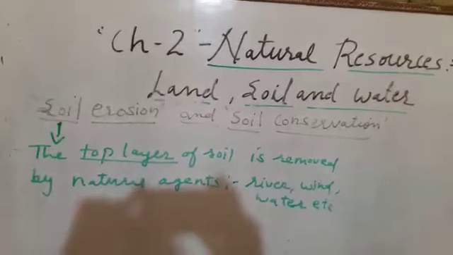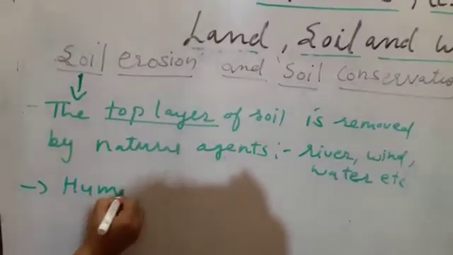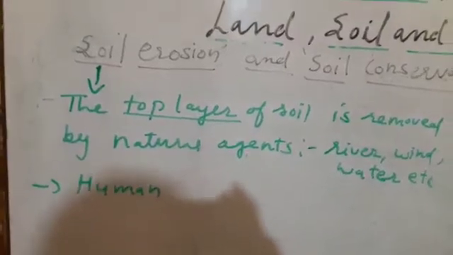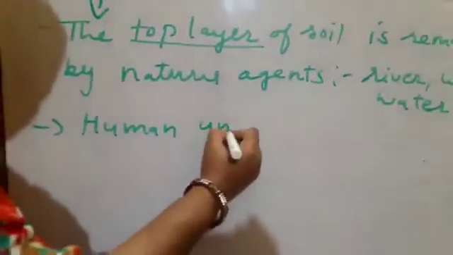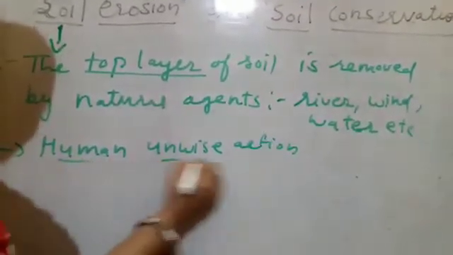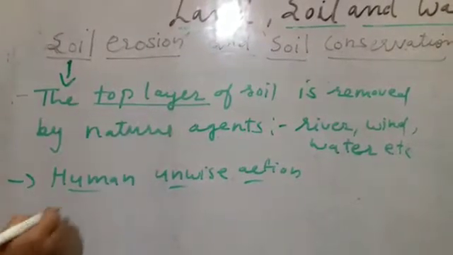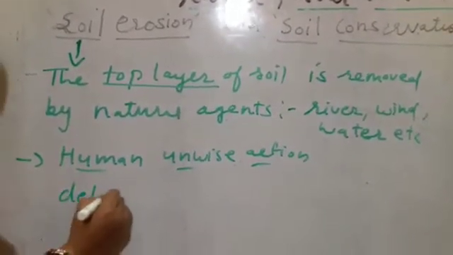But sometimes, due to human action, or we can say human unwise action, is also responsible for the removal of the top layer of the soil. For example, deforestation.